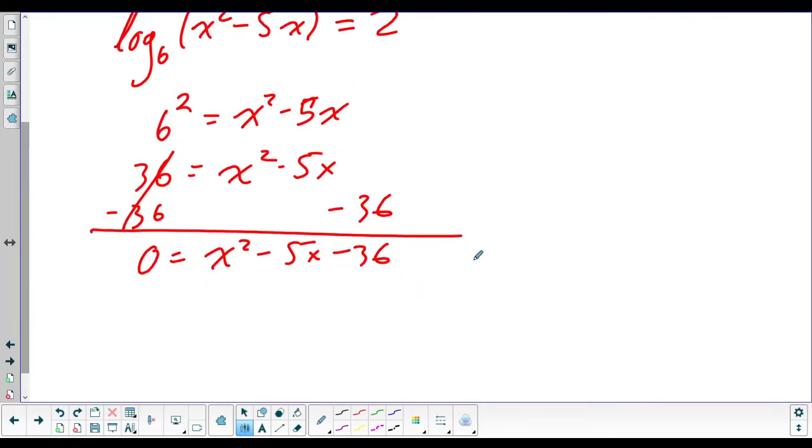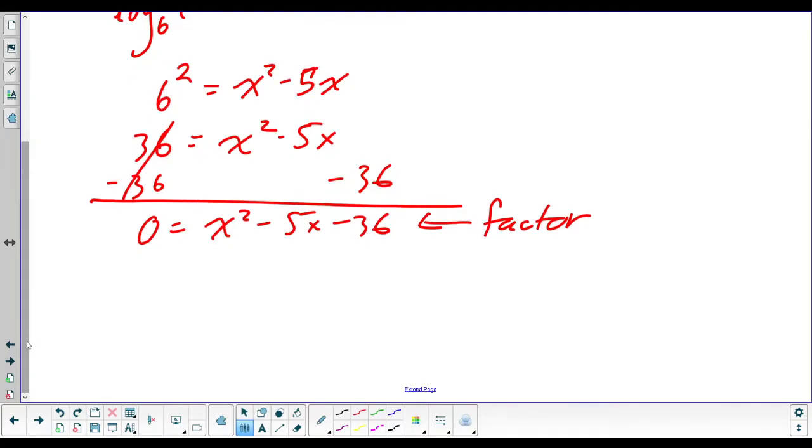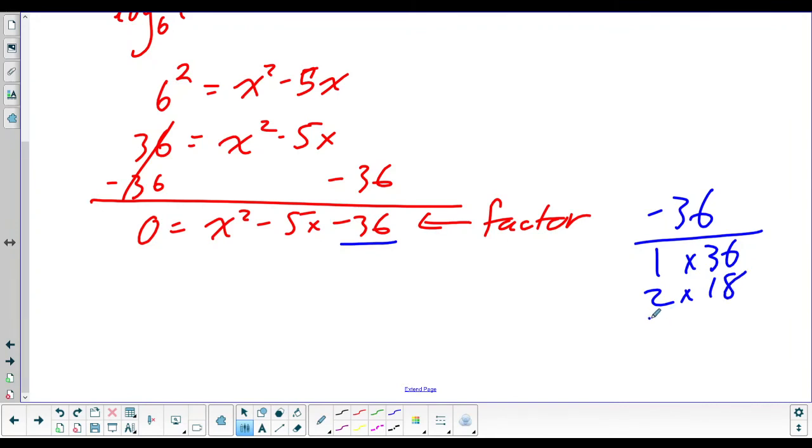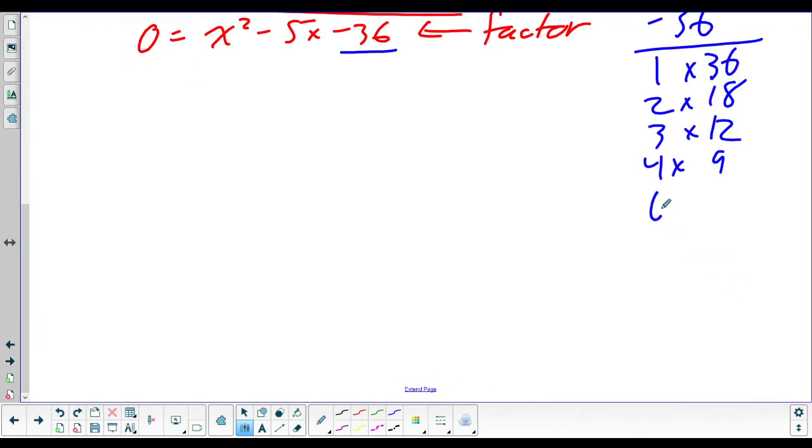Now we have to factor this and then set its factors equal to 0 to solve for x. So we need two numbers that are going to multiply to negative 36. Our options are 1 times 36, 2 times 18, 3 times 12, 4 times 9, or I think 6 times 6.